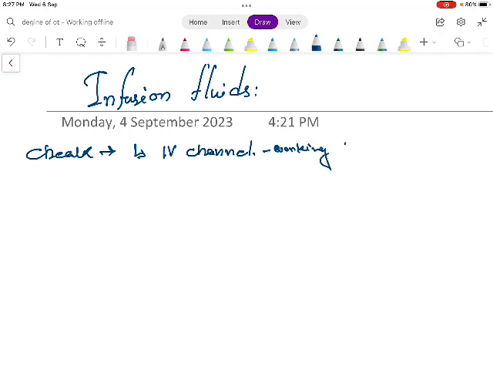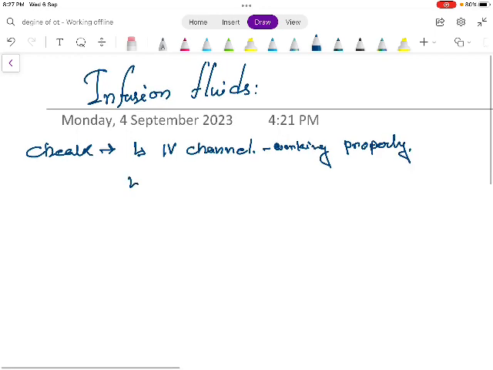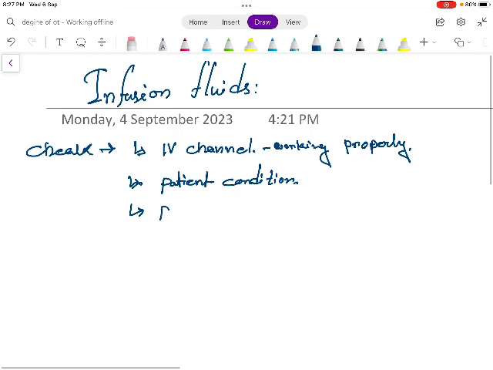It must be working properly. The next thing we have to check is the patient's condition.